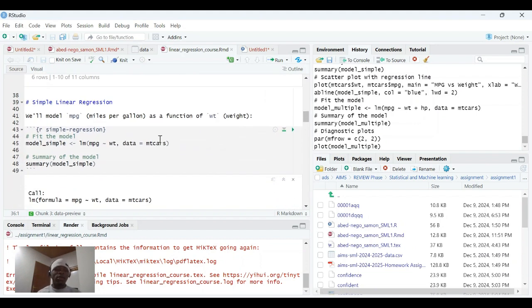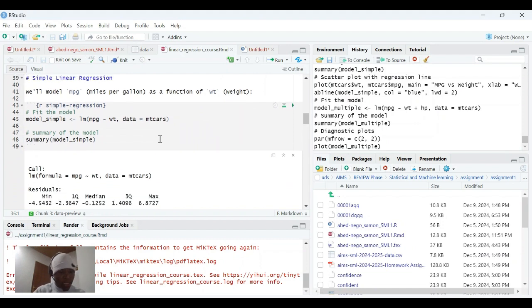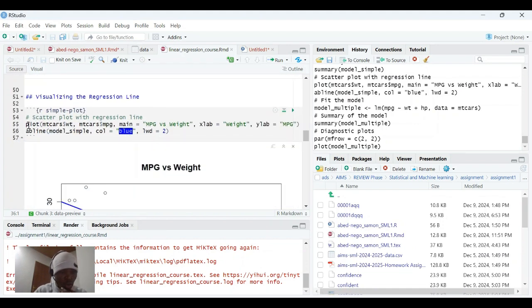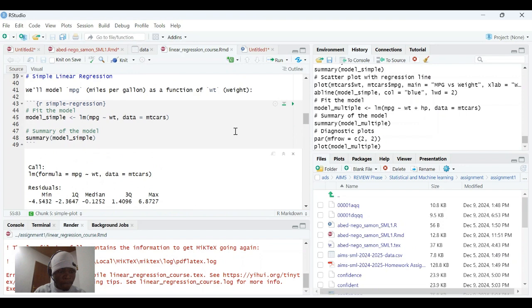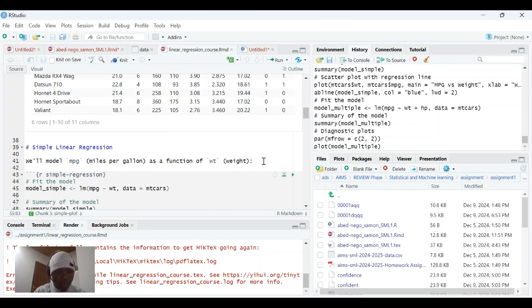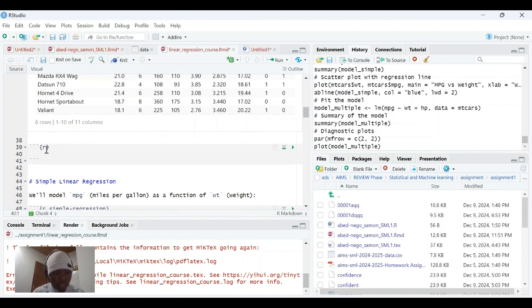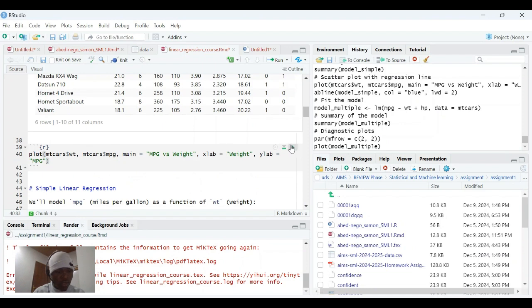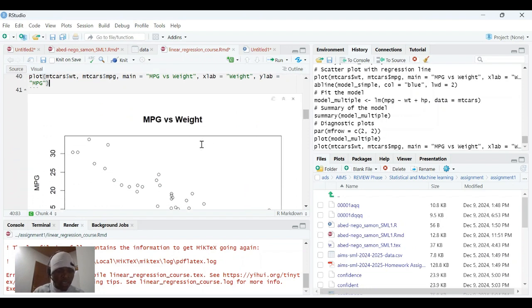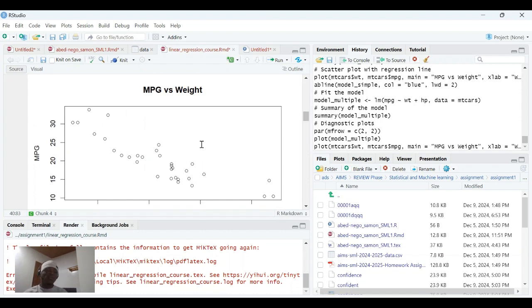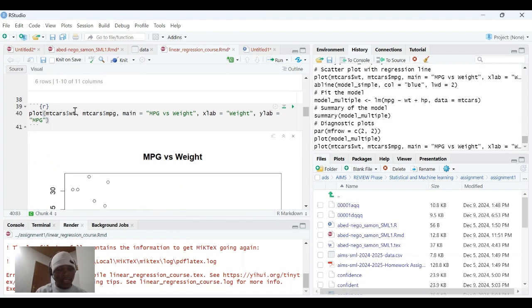So then, as I said earlier, we're going to model mpg, miles per gallon, as a function of wt, which is weight. Let's quickly check the relationship between them by plotting. I'm creating a new chunk to see the relation between the weights and mpg.